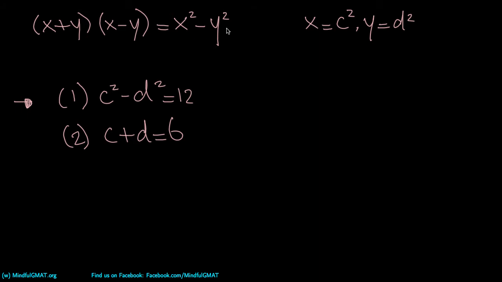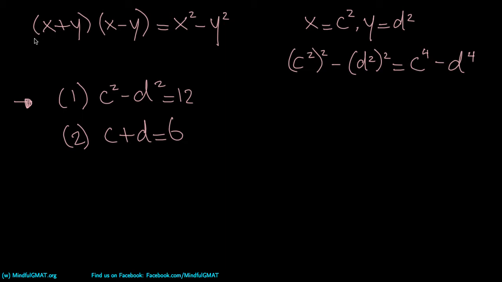Then if we fill in the right-hand side, we get (c squared) to the power 2 minus (d squared) to the power 2, which equals c to the power 4 minus d to the power 4. And that's actually the expression that we want to know. We want to know the value of c to the power 4 minus d to the power 4.